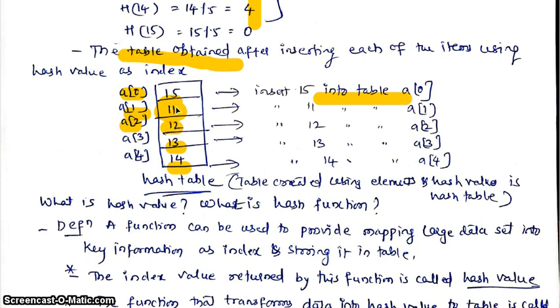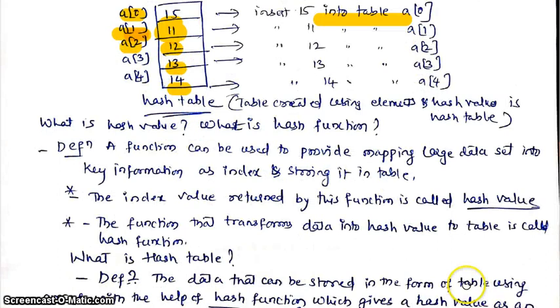Item 11 is stored at the index A of 1. This means 11 is hashed to A of 1, that is, the memory slot allocated for 11 is A of 1. With this we can retrieve the information.